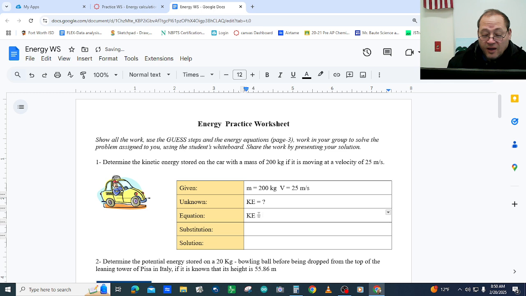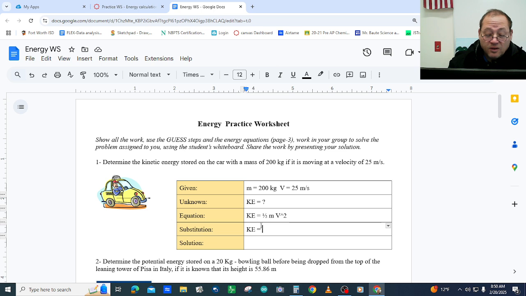And it says it's half the mass times the square of the velocity. Let's put it this way. Right? So this is an easy problem. All you need to do is just plug the numbers in. The mass is 200 kilograms. How much is half the mass?